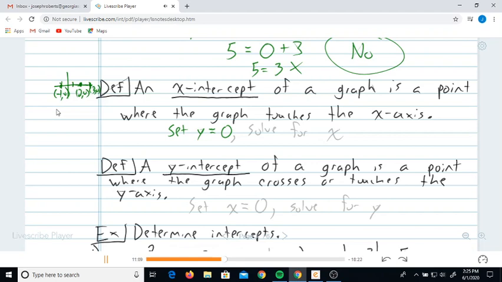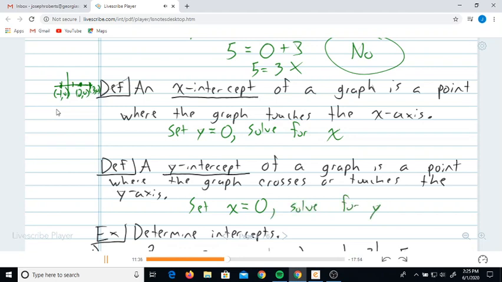If the y-coordinate is positive, then it's above the x-axis. If the y-coordinate were negative, then it'd be below. So that means to solve for an intercept algebraically, we set y to 0 and solve for x. The y-intercept is on the y-axis, which means the x-coordinate is 0. So set x to 0 and solve for y.